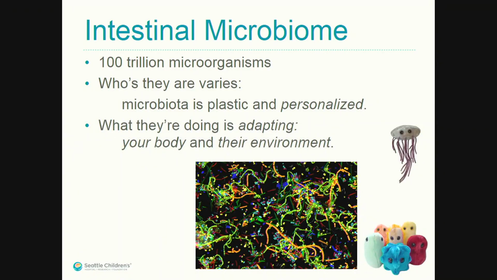We know that there are likely up to or around 100 trillion microorganisms, and these are bacteria, viruses, fungi, other eukaryotes, and it's a diverse ecosystem, just like the world that we live in today that has many different animals, mammals, the same thing that occurs in the microbiome.